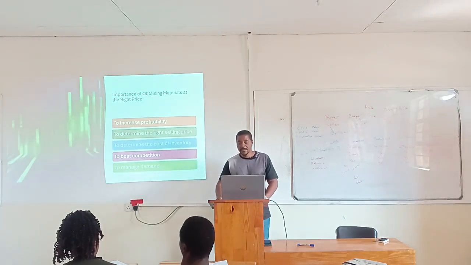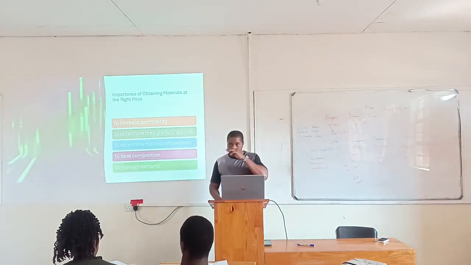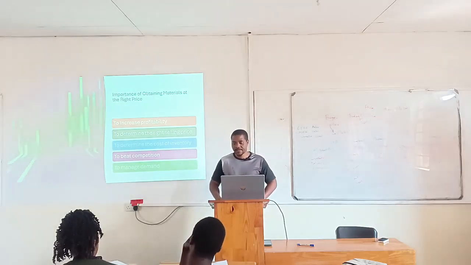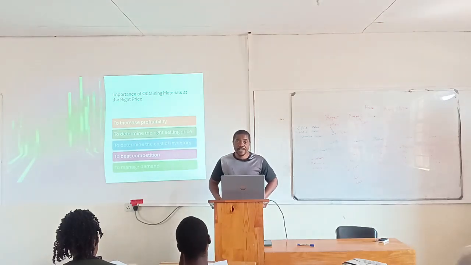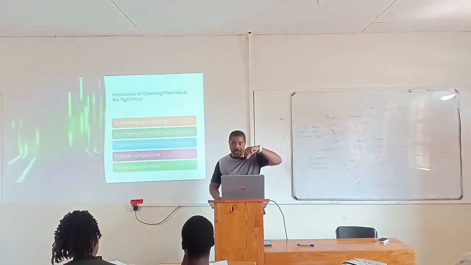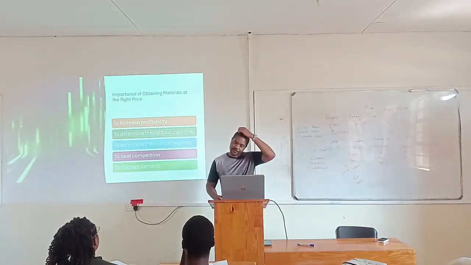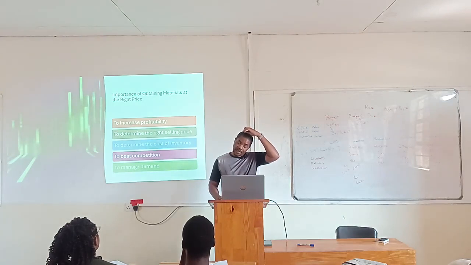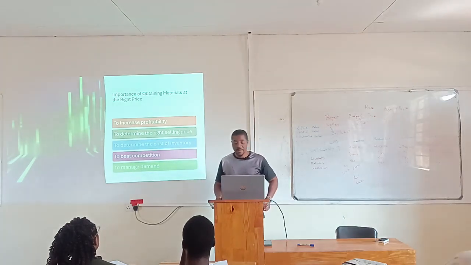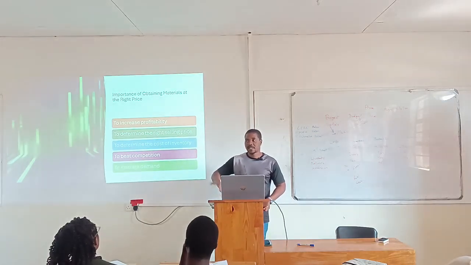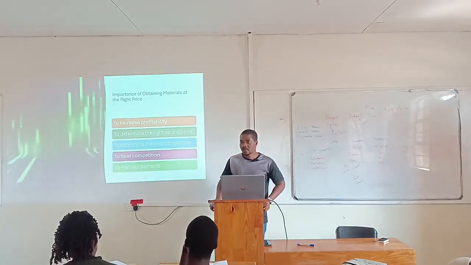To determine the right selling price, so when you obtain this, it will also help us to determine the right selling price. A selling price is the price at which we now sell our product. To determine the cost of inventory, so the price will also determine the cost of our stock, the items that we keep aside in our stores.